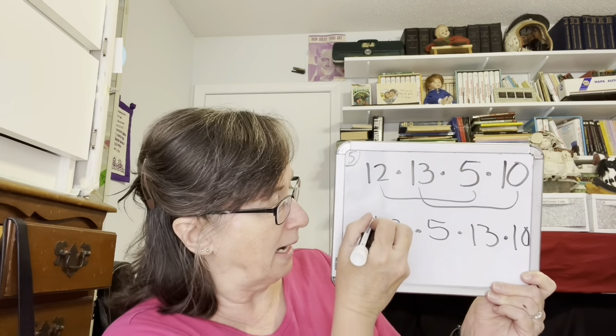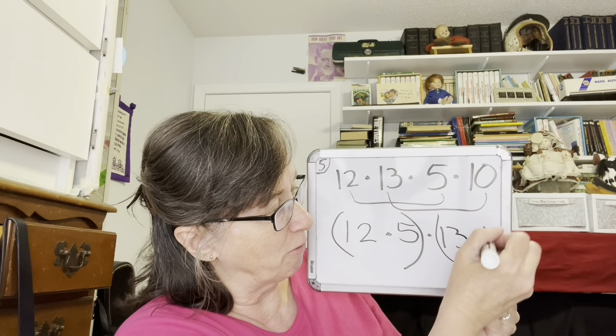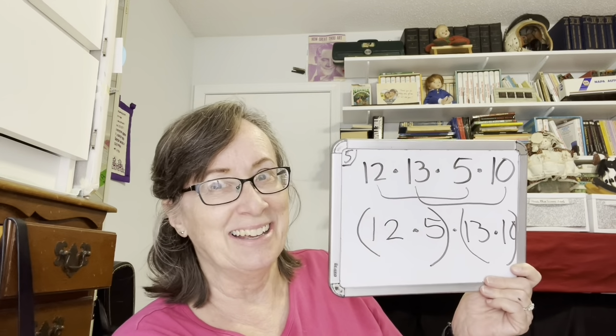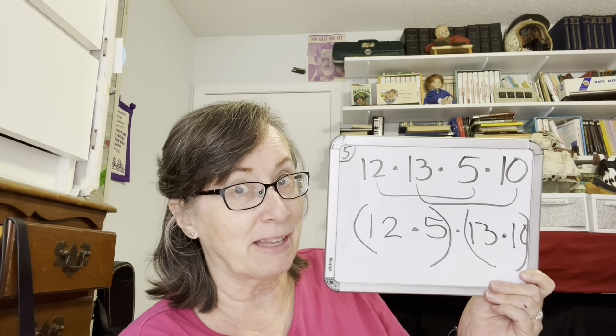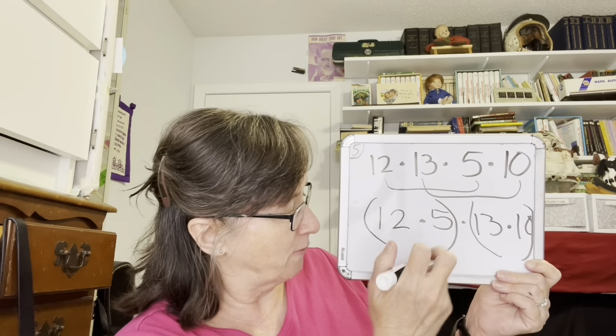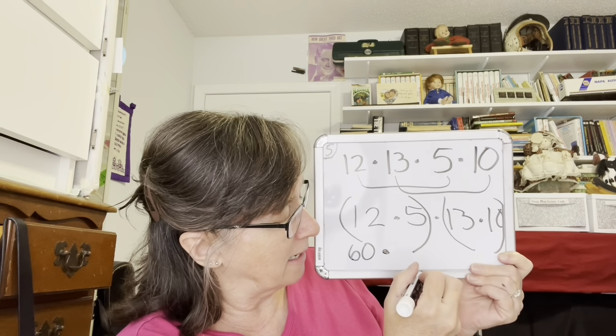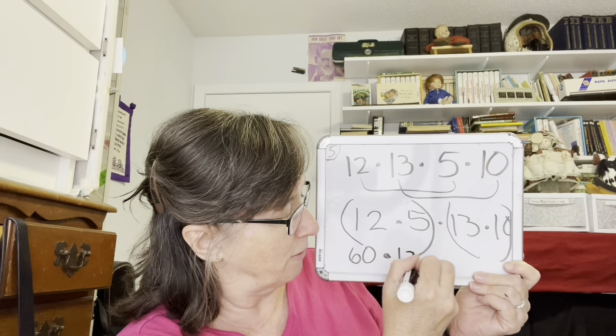But then I'm not going to do them left to right. I want to do 12 times 5, and I want to do 13 times 10. So I'm going to put parentheses so that I can group them. That's my associative property. 12 times 5 is 60, and 13 times 10 is 130.